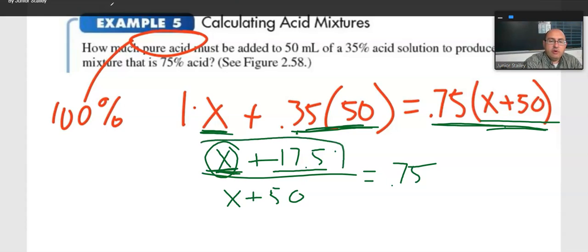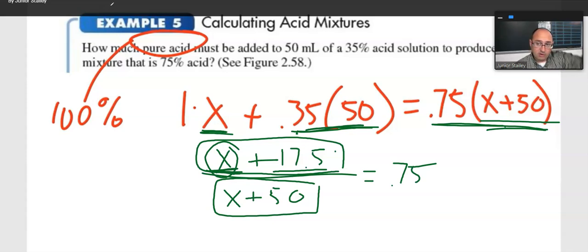So this numerator represents your acid. This denominator represents the total amount of liquid. It's just like if you took the total number you got right over the total number of questions, and got a 75% on the test.